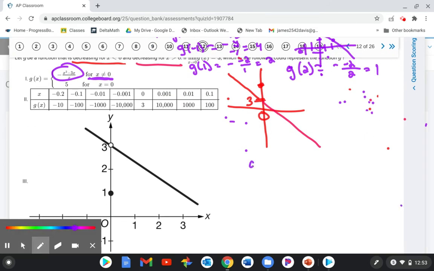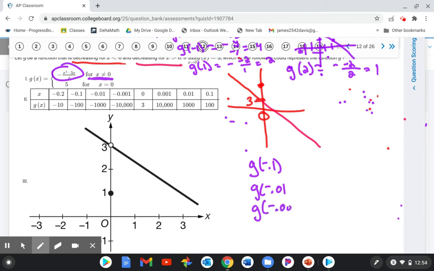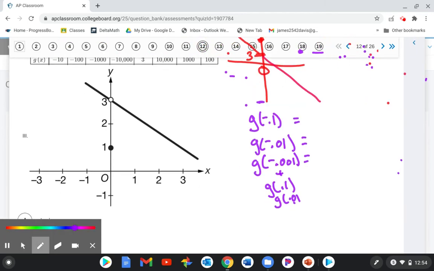So we're going to need to plug in like g of, let's start with the negative, negative 0.1, g of negative 0.01, g of negative 0.001. So this is going to be approaching from the left. See what these values equal. And then as we approach from the right, g of positive 0.1, g of positive 0.01, and then g of positive 0.001.